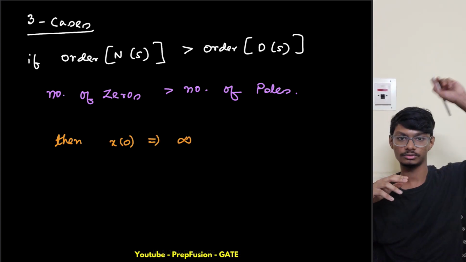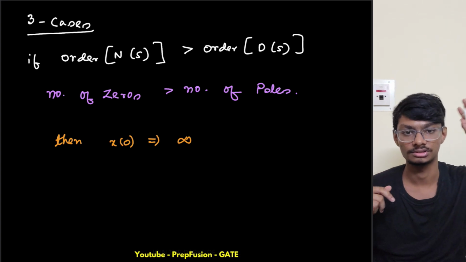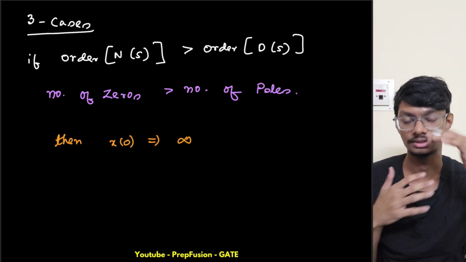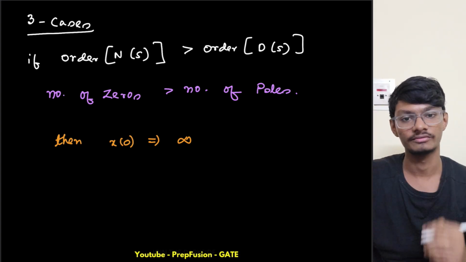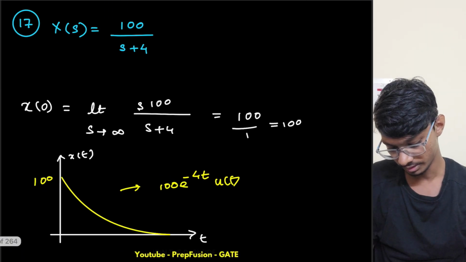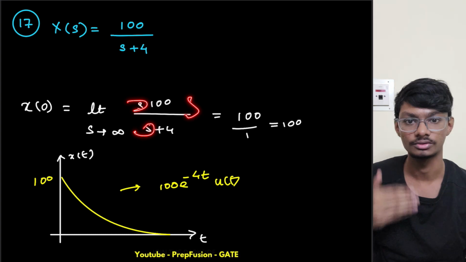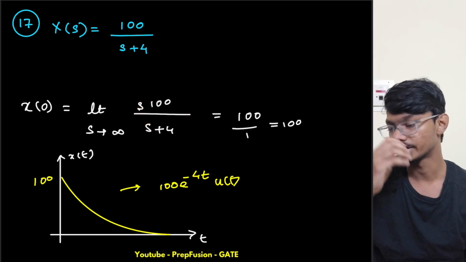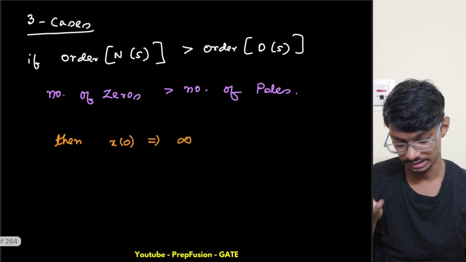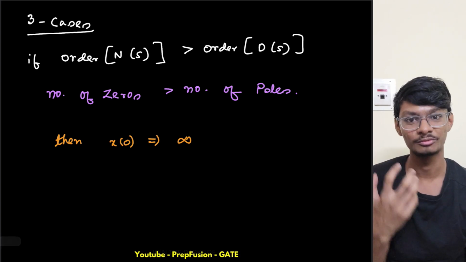Why? Because the s term is more in the numerator, so it will tend to infinity. I hope you understand. If you have one more s term here, this s and s will cancel, but this s will remain, so it will take the signal to infinity. That's why the initial value will be infinity. I hope you understand basic limits.